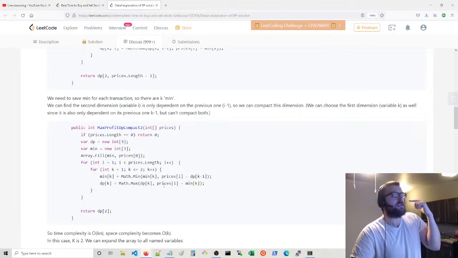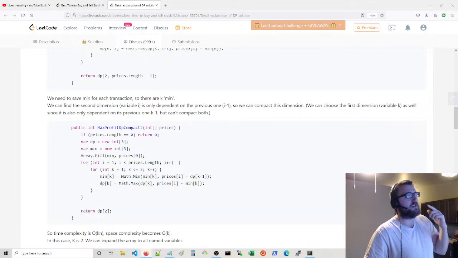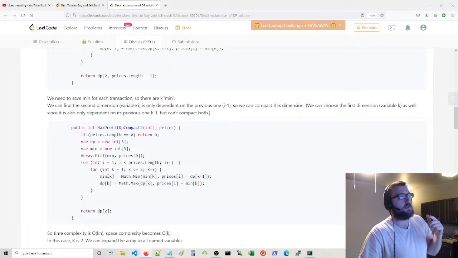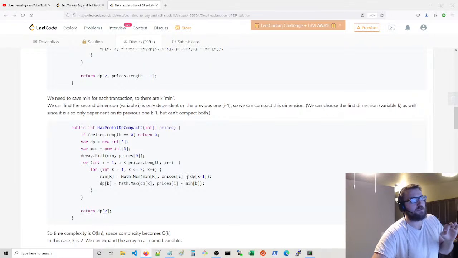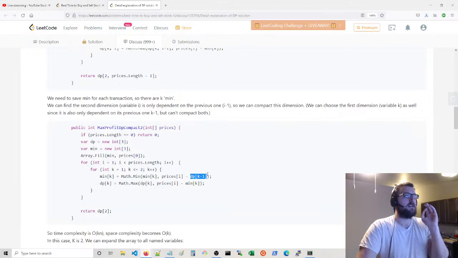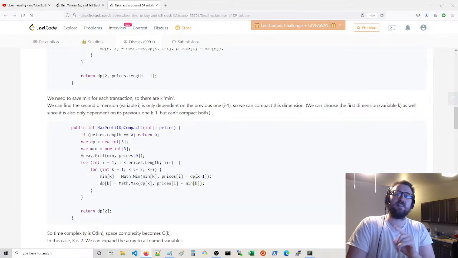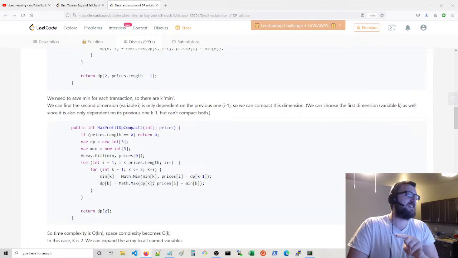Alpha minus min 1. So now dp of 2 is being calculated. It has to change min 2 in order to change dp of 2. So min 2 has to be calculated from what it was previously, and it's got to be alpha minus min 1, which is exactly min 1.